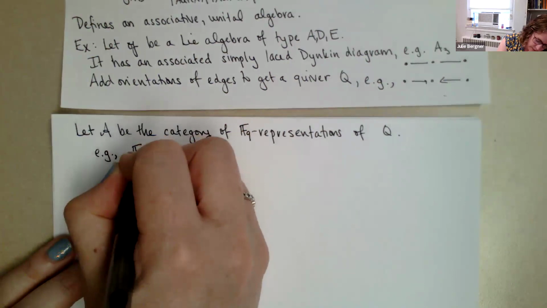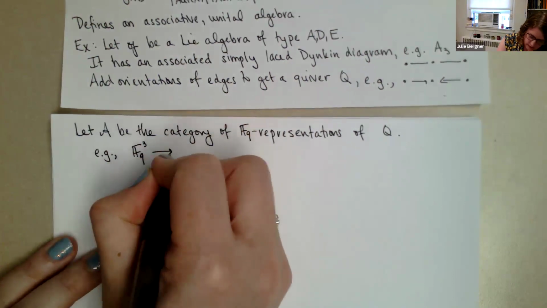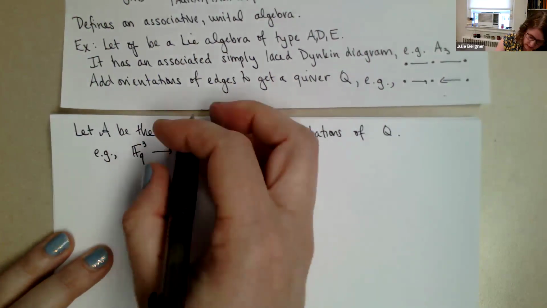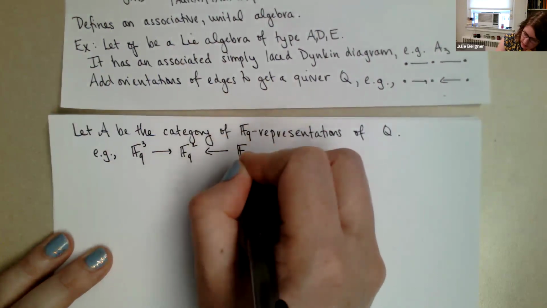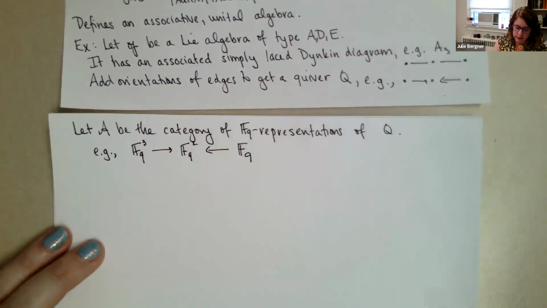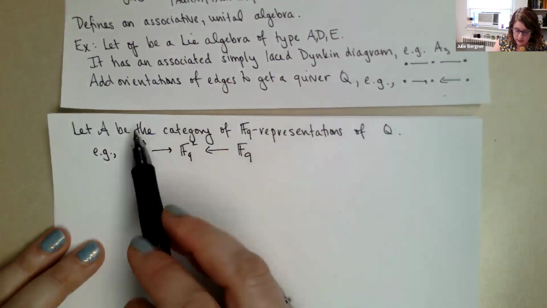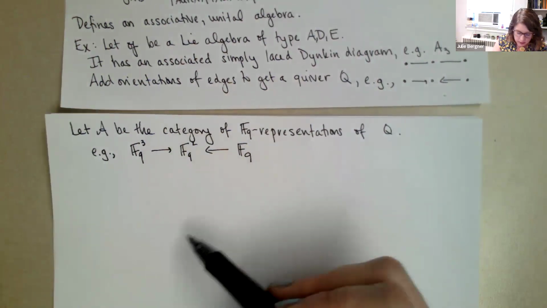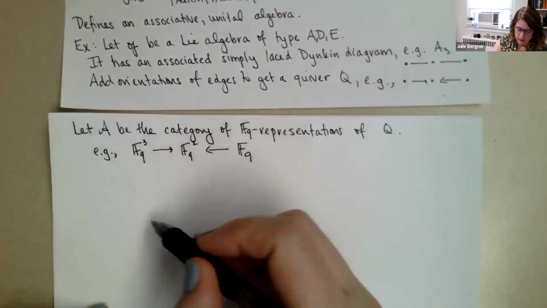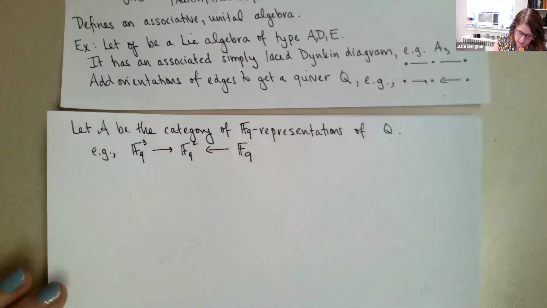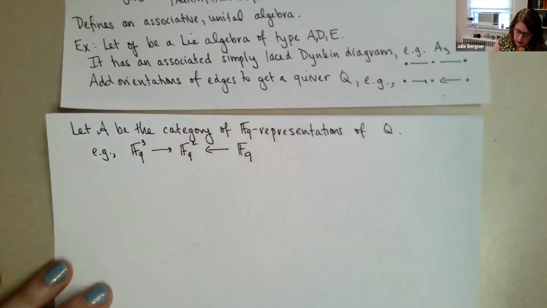So maybe you have F_q cubed, and then maybe you have F_q times F_q, and maybe you just have F_q here. And so these would be your objects of this category. Morphisms would be commutative diagrams. You have another one and you have maps between them. They commute, so just natural transformations.